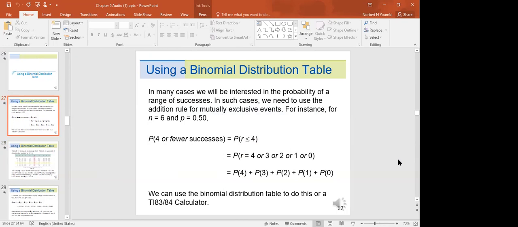You can use your calculator. You can use the table at the back of your book. But the table at the back of your book is limited to some types of probability like 0.1, 0.05, 0.15, 0.2. A probability of 0.59 is not there, or 0.33 is not there. And for the number of trials, the maximum is 20. So I will encourage you to use either the binomial calculator from Google or your TI-83 calculator.